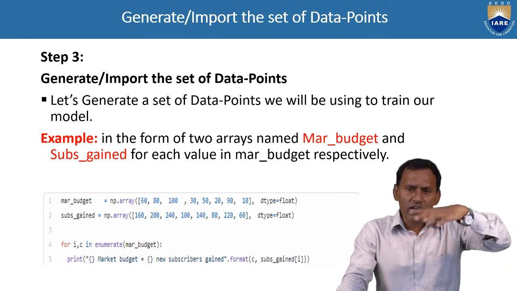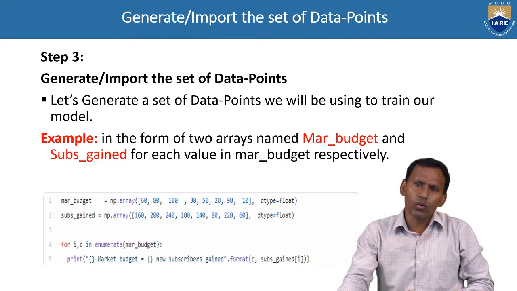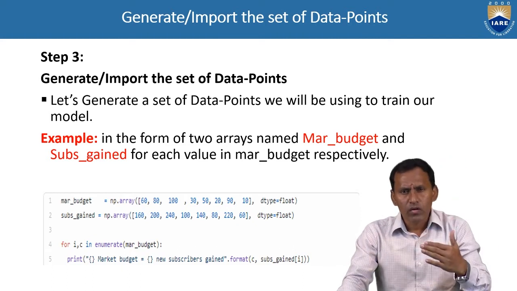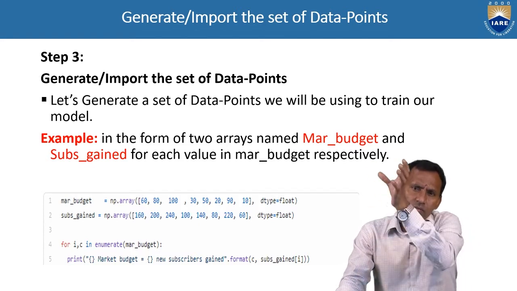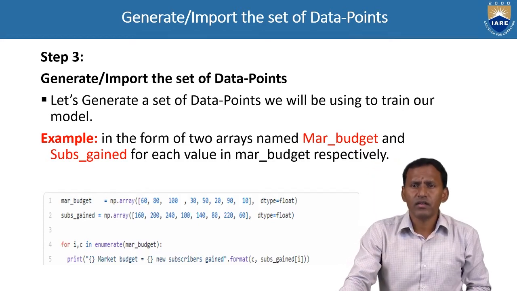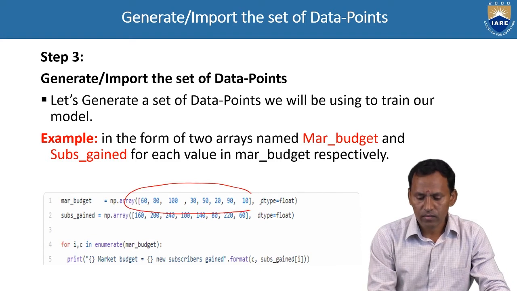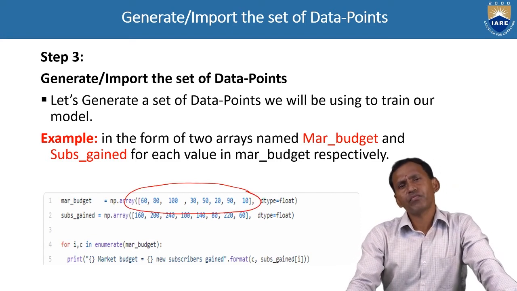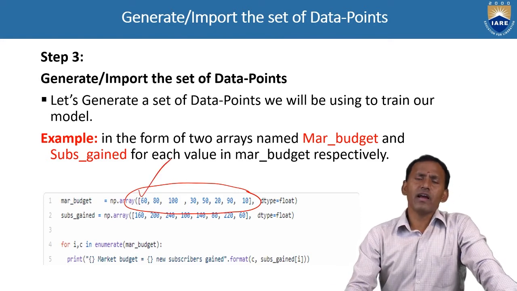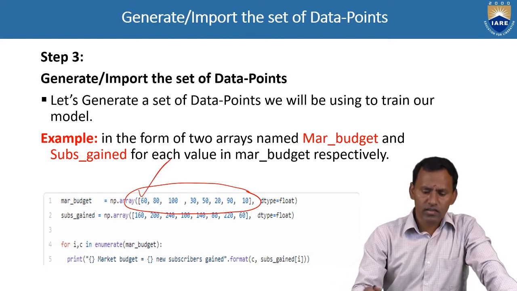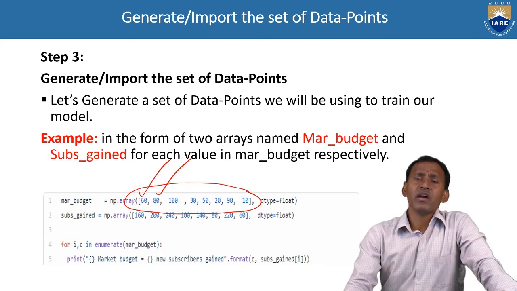Now, according to the present example, we are using budget spent and number of subscribers gained. Here I am using just one array, right? In the month of January, I spent $60,000. In the month of February, I spent $80,000.